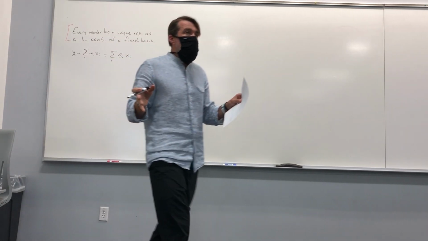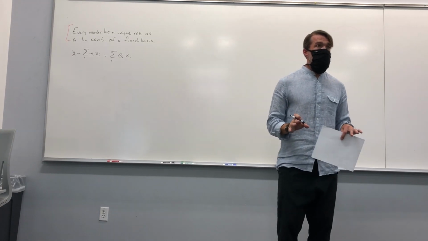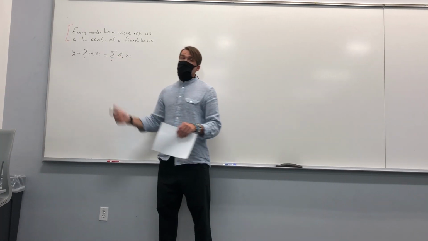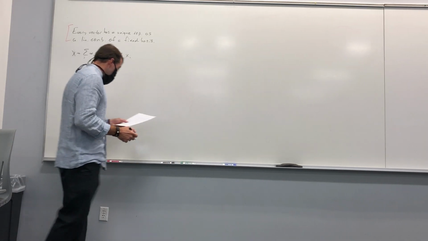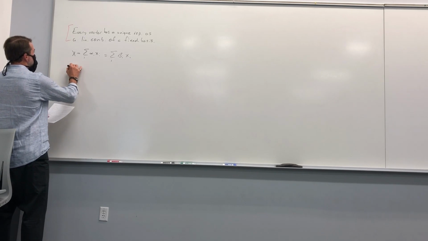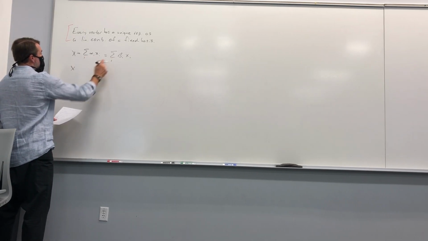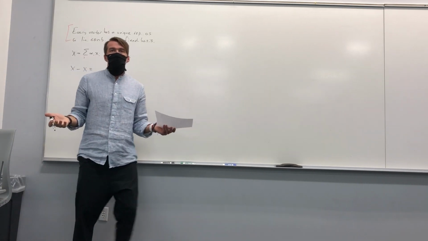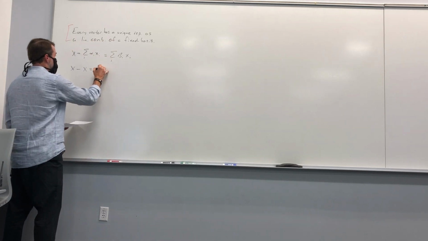So it's the same vector, but this is supposedly two different representations. And all I'm going to prove is that these two representations actually have to be identical. Okay? So first of all, if I take representation 1 and subtract representation 2, what should I get? I should get 0, because they're the same vector.